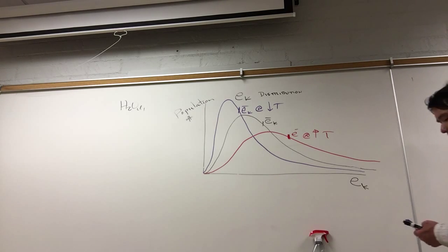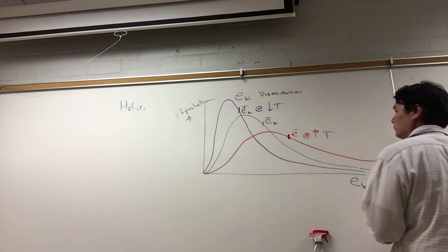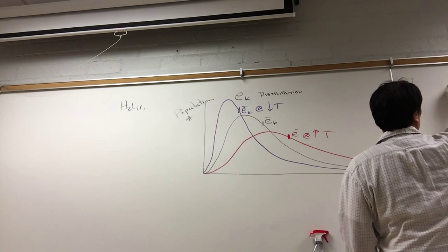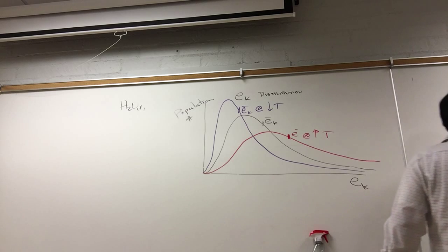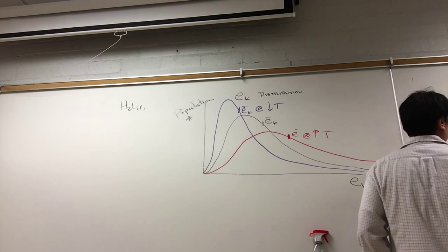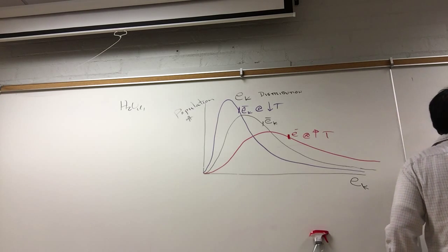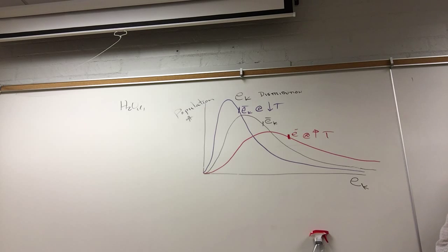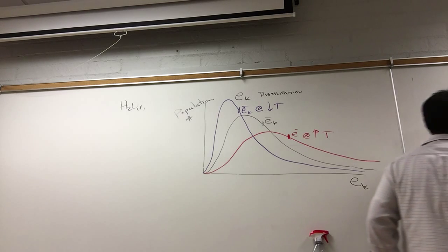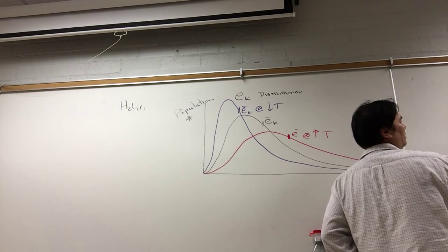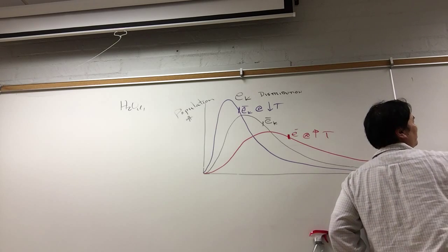So when we look at this for water at 25 degrees C, at room temperature, we're going to see some population distribution that looks like this. We see that there are going to be some lower energy ones. Most of the water molecules will have an energy around here.